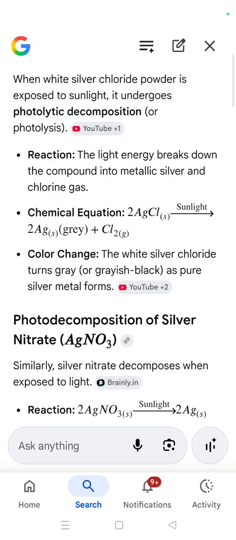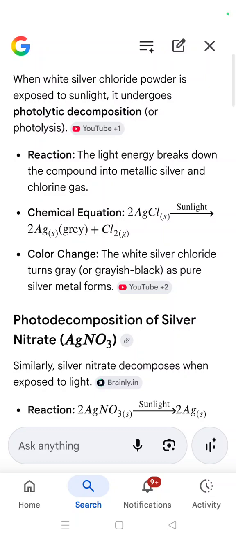In the photo decomposition of silver chloride, the silver chloride is white in color. After photo decomposition, the white color turns to grayish black. The silver is grayish black in color as pure silver metal forms. So a color change happens here. The white color of silver chloride changes to the grayish black color of silver.